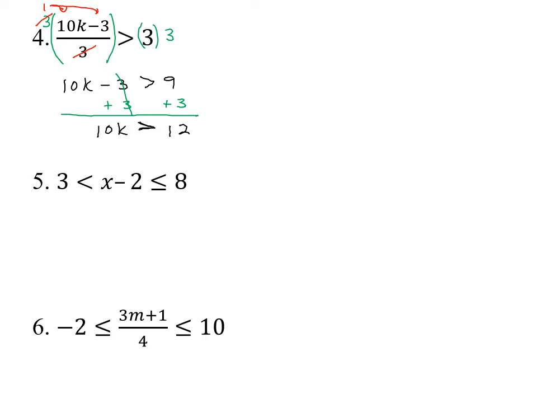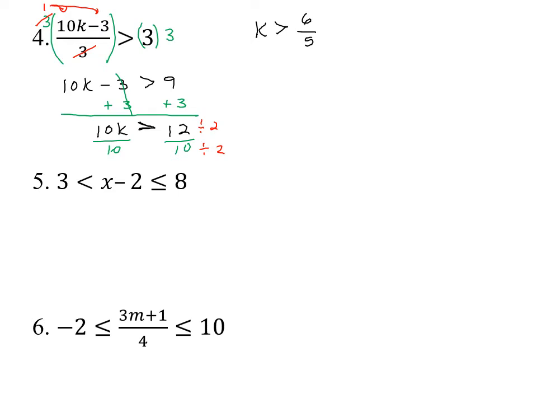And if I were to divide by 10 on both sides to get the k by itself, I would end up with k is greater than 12 over 10. But 12 over 10 can simplify. You can divide each one of those by 2 and say that this is actually 6 over 5.